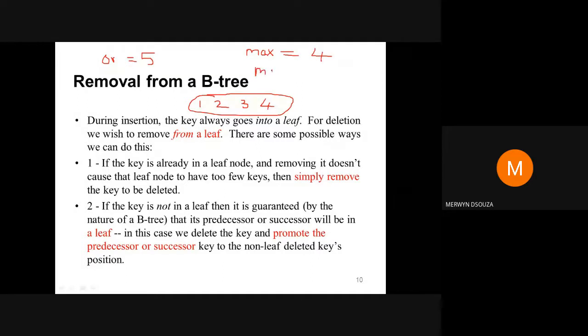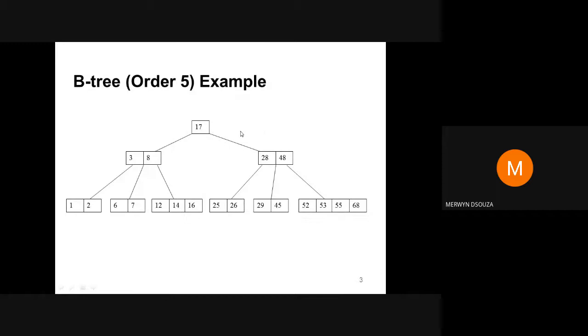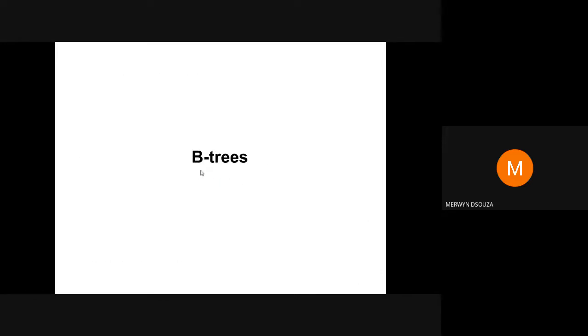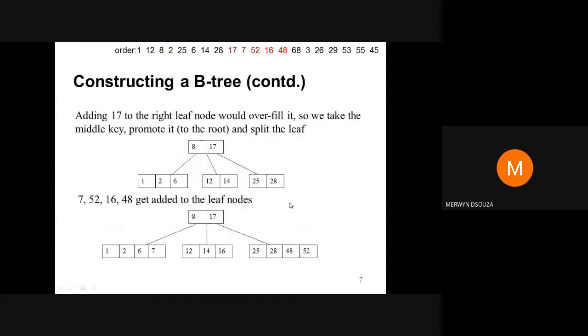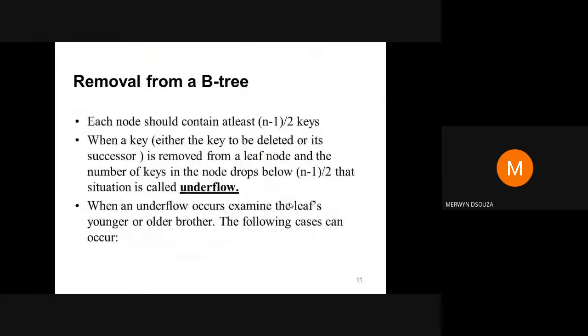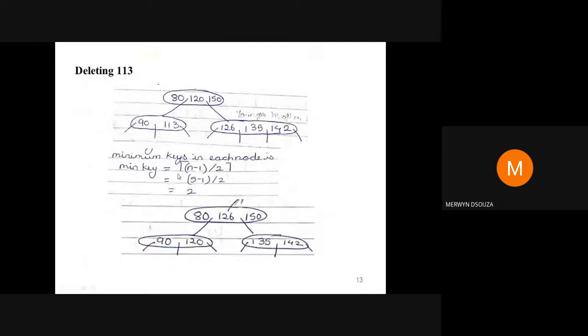Similarly, minimum number of keys is calculated using this formula here. I'll show you what we had seen yesterday. Minimum number of keys is ceiling of (n minus 1) divided by 2.